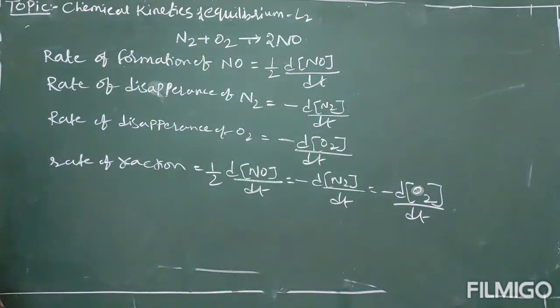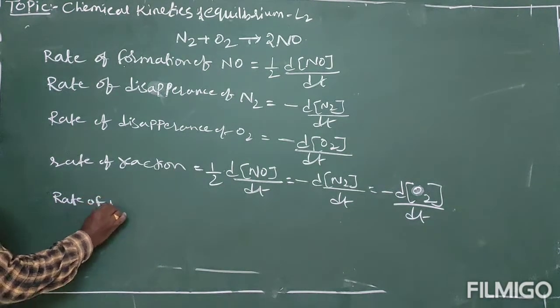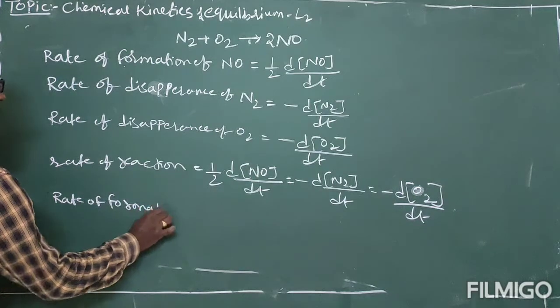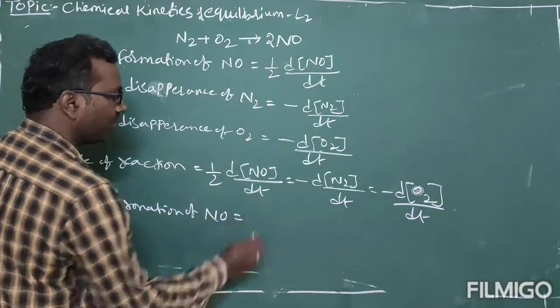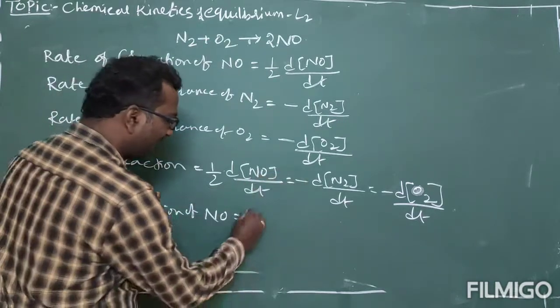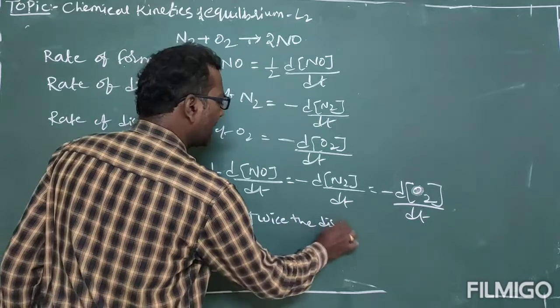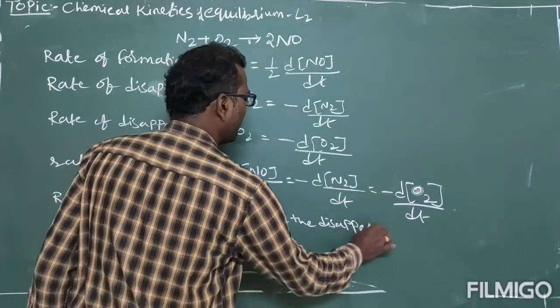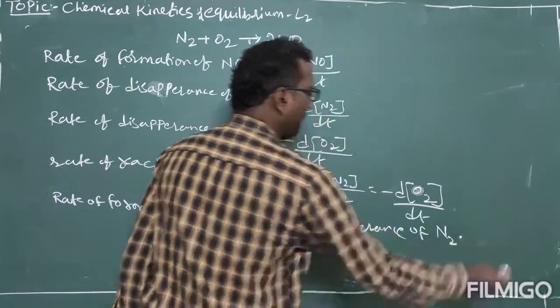Now what is the relation and how can I write it? Rate of formation of NO is equal to twice the rate of disappearance of nitrogen.